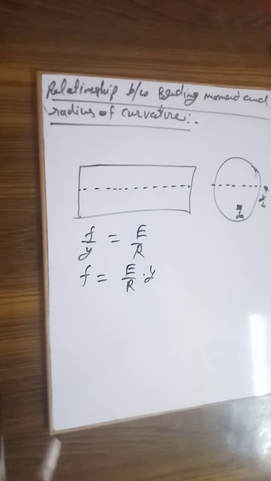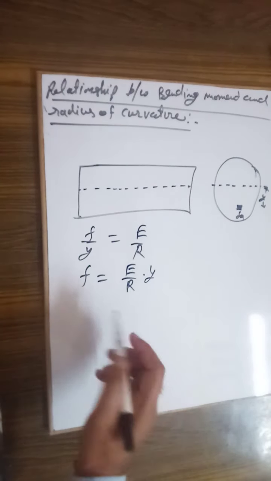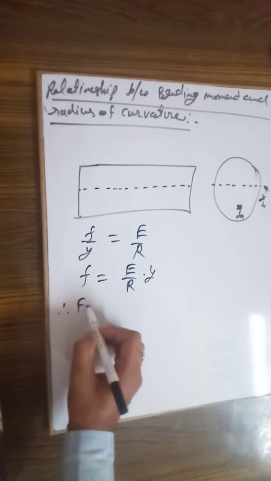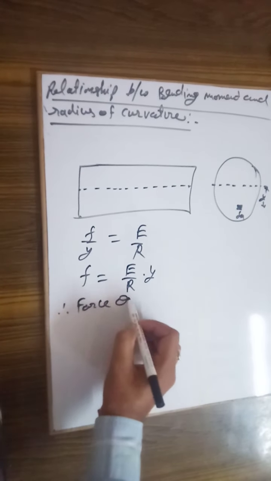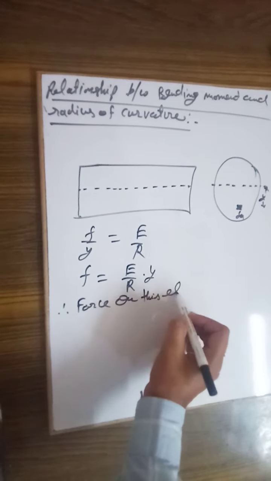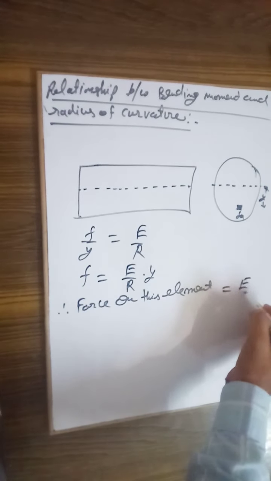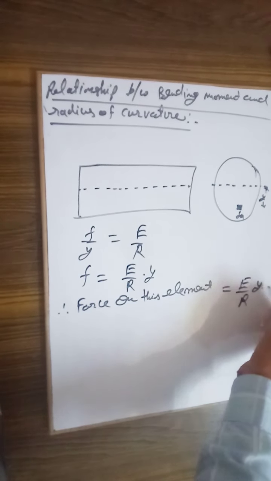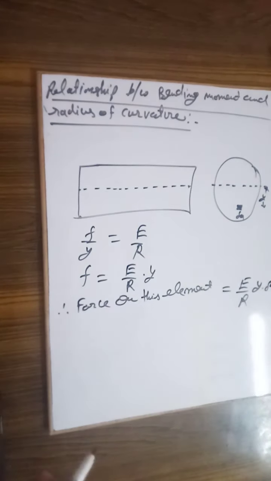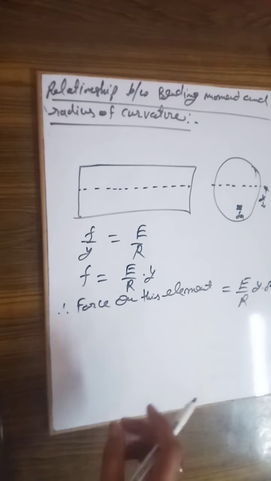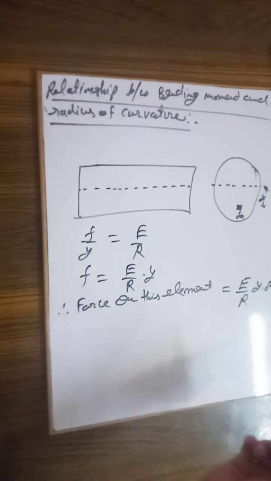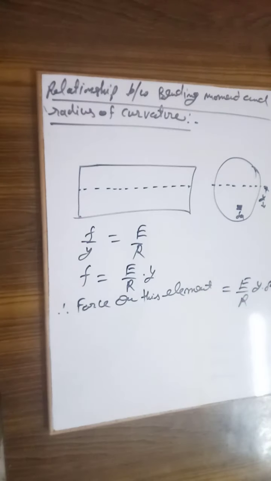So the force on this element is equal to E upon R y delta A. On this element we have calculated the force. So what will be the moment of resistance of this elemental force about the neutral axis? For that we need to multiply by this particular distance.